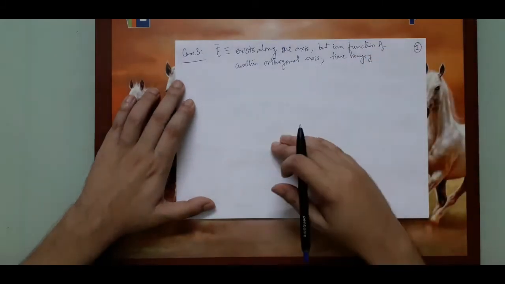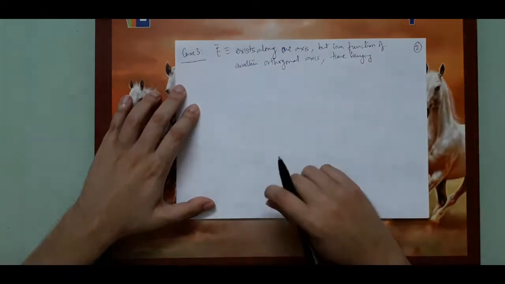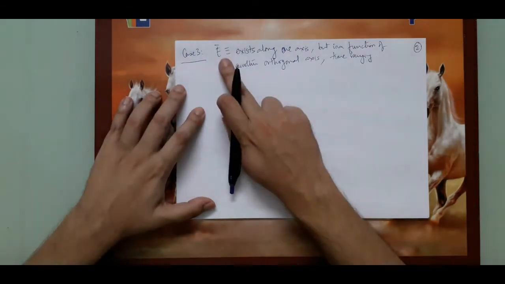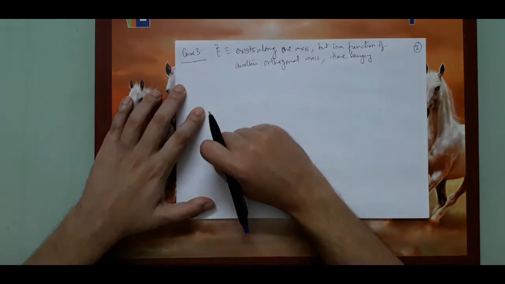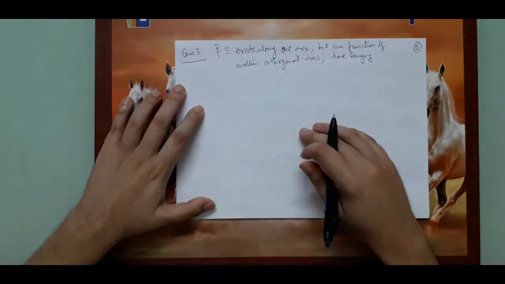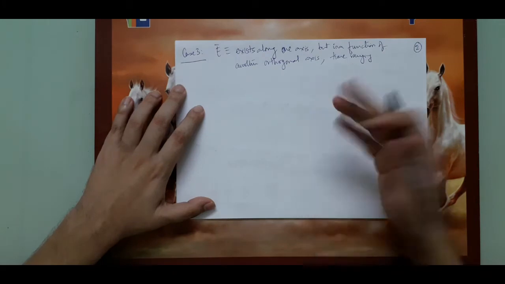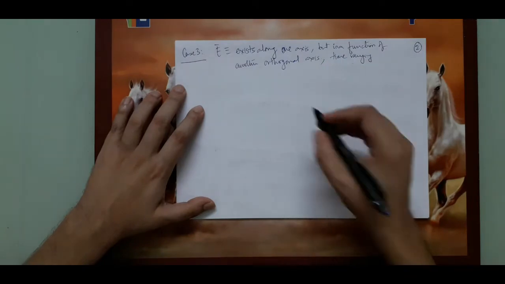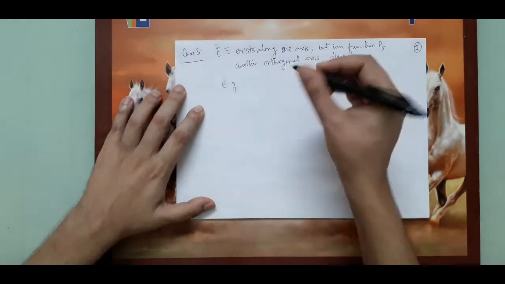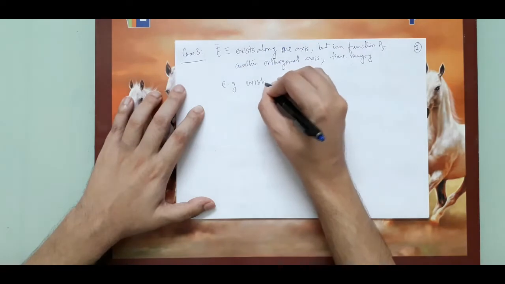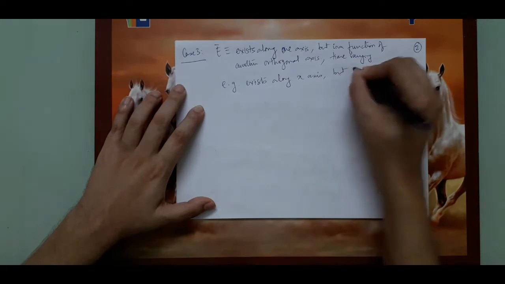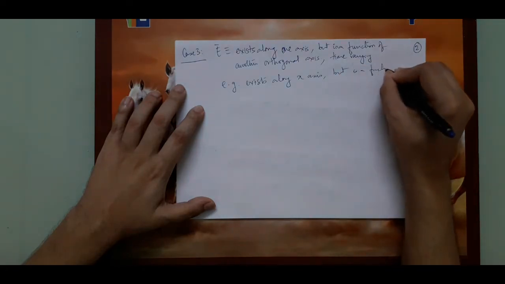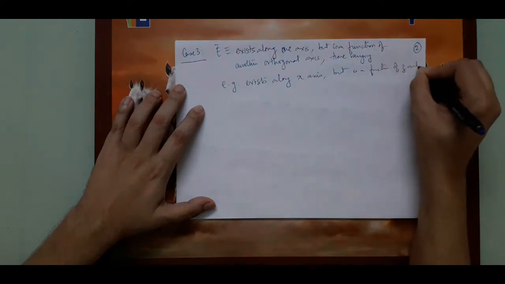As always, the time varying part has to be there. So now we can say this E exists along one axis but is a function of another orthogonal axis. Say for example, if E exists along the x-axis, it could be a function of the z-axis. So let us say it exists along x-axis but is a function of z only.